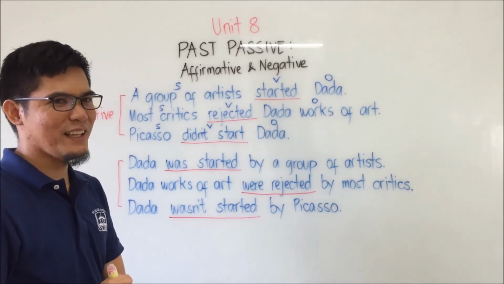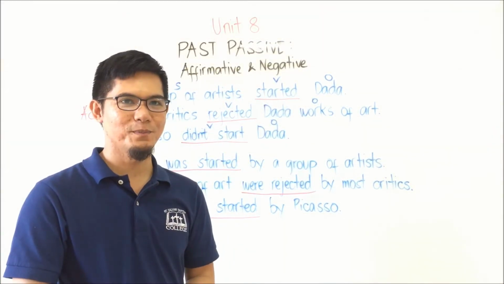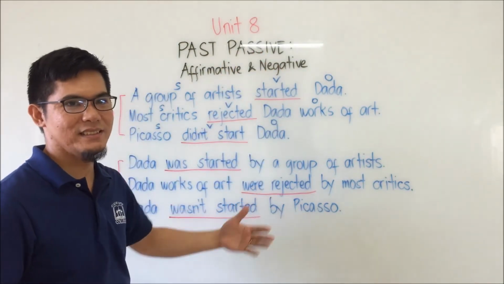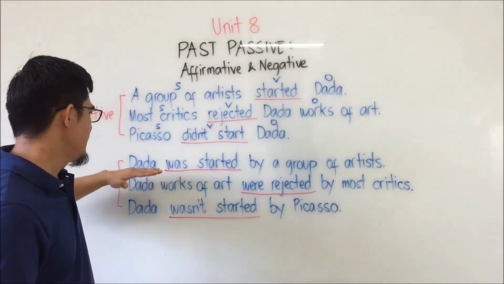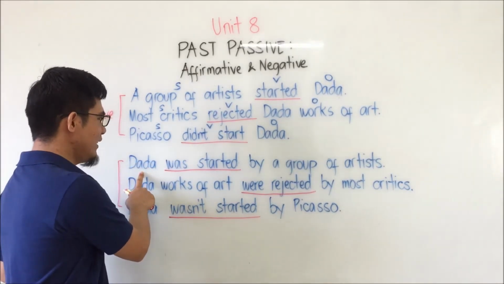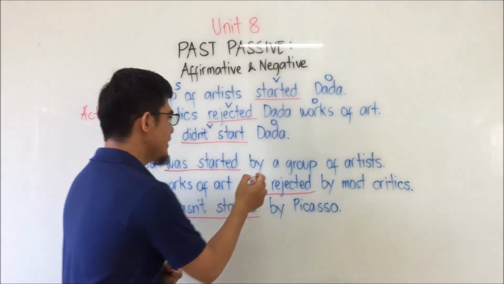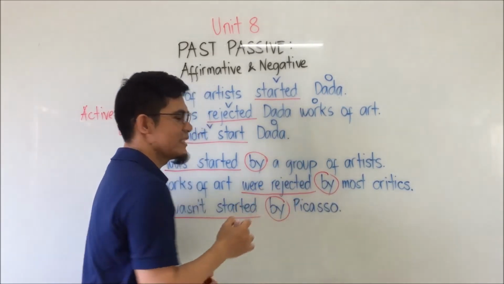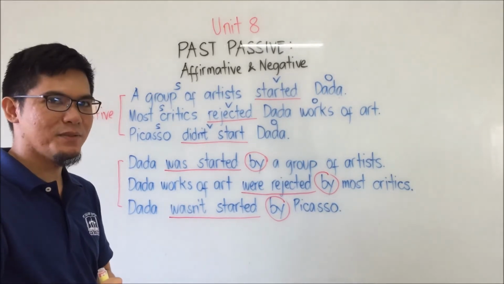Now, can you tell me the 4 rules with this passive? Can you spot the difference? Singular, we use was started, and we always use the word by. So that's past passive.